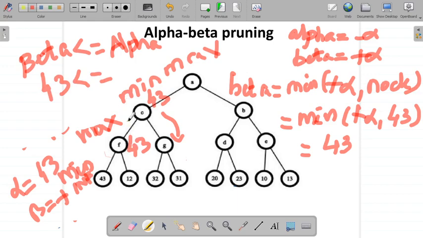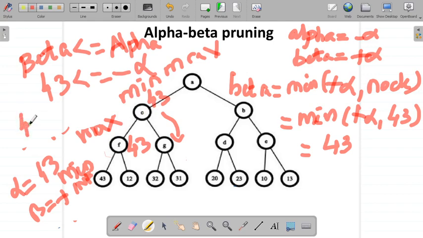So the value for alpha is minus infinity, because every time the alpha value is reset when it moves to another level, from max to min, the value for alpha is reset.